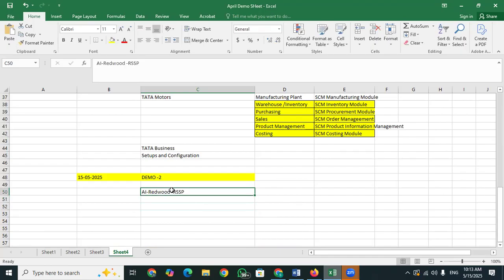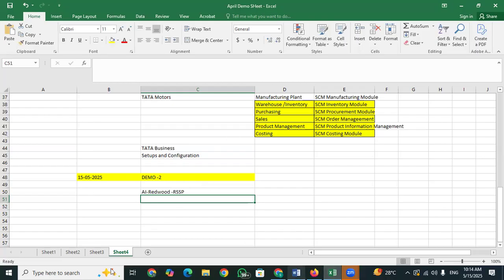We are covering every aspect where AI is coming and where Redwood is coming. Are you dealing with Redwood pages effectively? Under that, RSSP, responsive self-service procurement: how the page looks and feels, and how you can do transactions on it. We are 100% providing this. AI along with Redwood and RSSP.